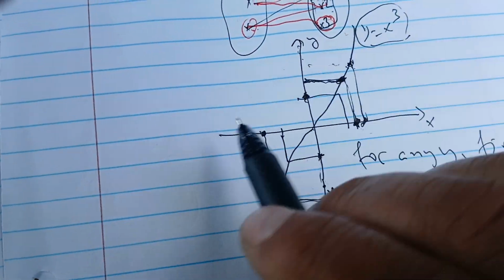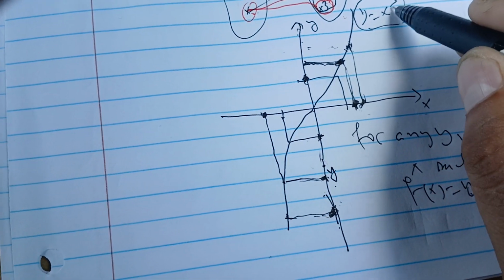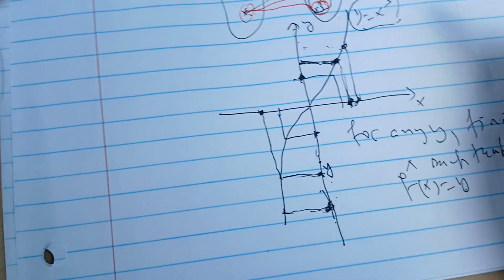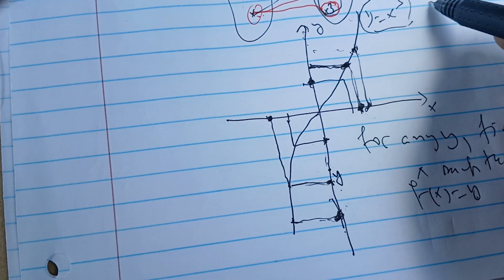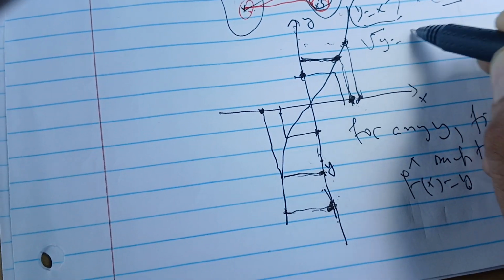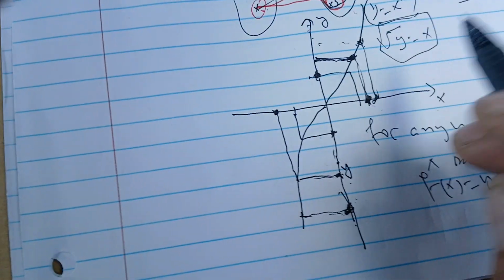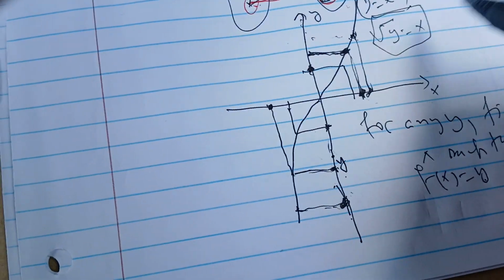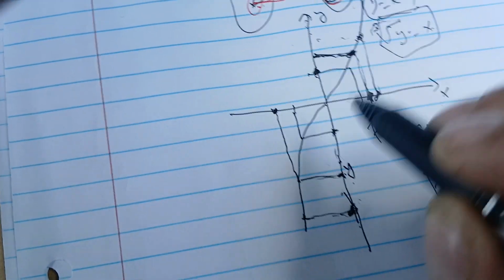So for any y, take any y and find the x. Here we just take the cube root. It's defined for all x in R, because it's x to the power 3. So y equals x cubed, so x is the cube root of y.